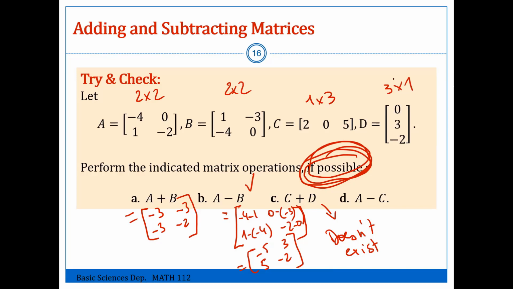Not the same order, no addition. What about A minus C? Here A is 2 by 2, this is 3 by 1, so not possible. No addition. So for matrices, we cannot always perform the addition, only in special cases.